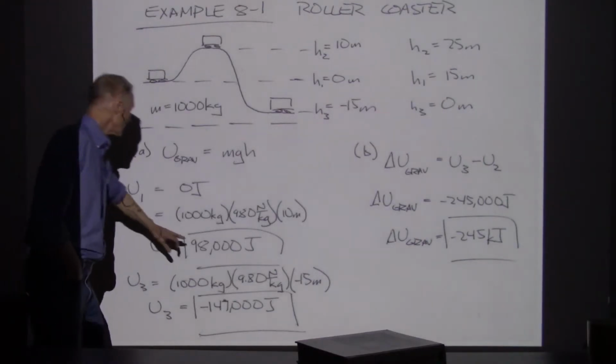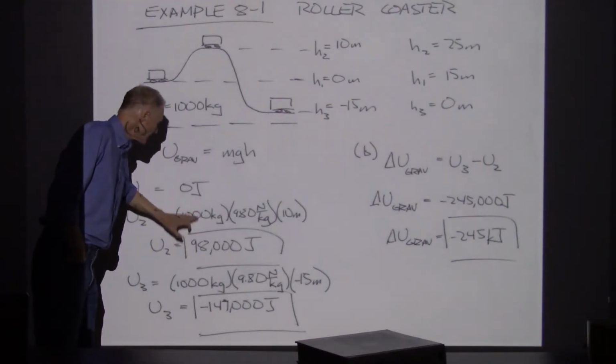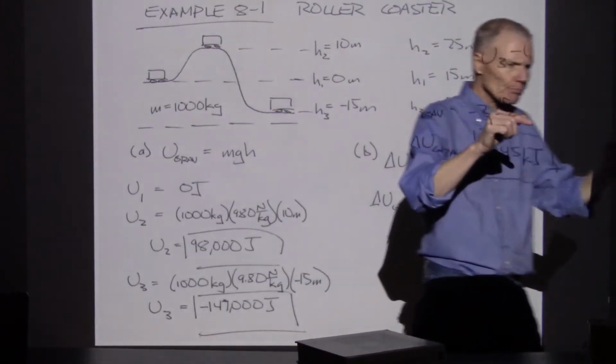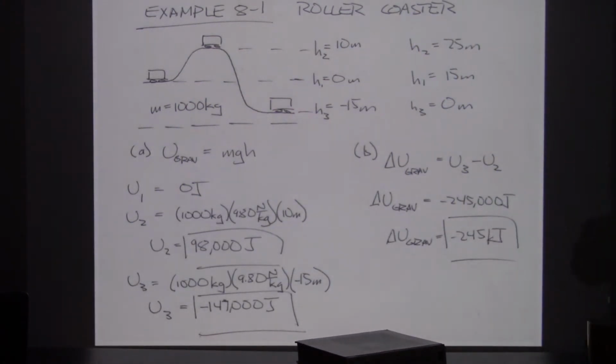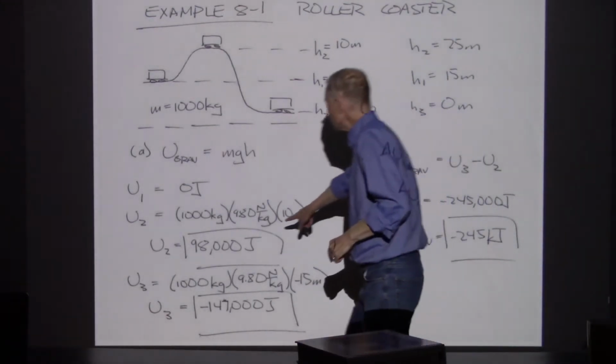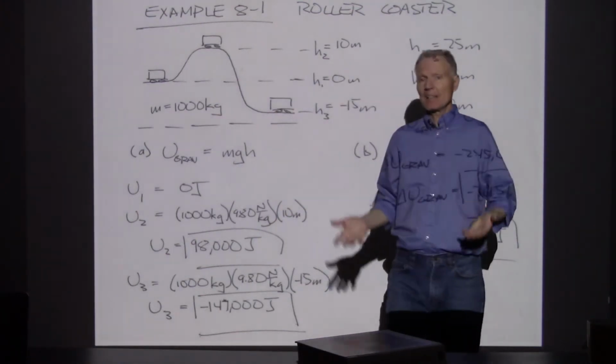And again, we can come back to the energy numbers here. If we're going to have the roller coaster come in, and just as a result of its speed, be able to reach the top of the roller coaster at point 2, we're going to need 98,000 joules of kinetic energy.